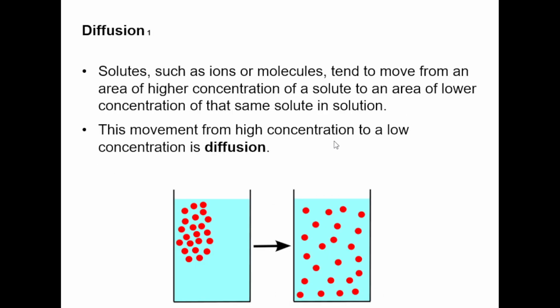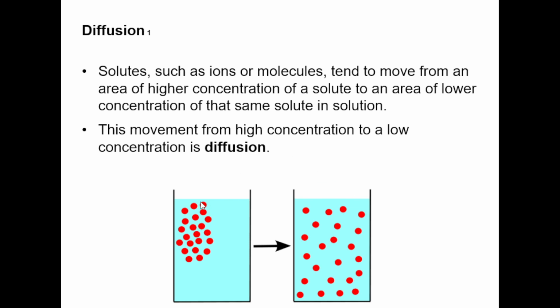Okay? Hopefully that's clear. So again, we want these substances here in red to move from this area to the areas of lower concentration and achieve equal distribution or homeostasis. Yan ang gustong mangyari ng diffusion. That's what it wants to happen.